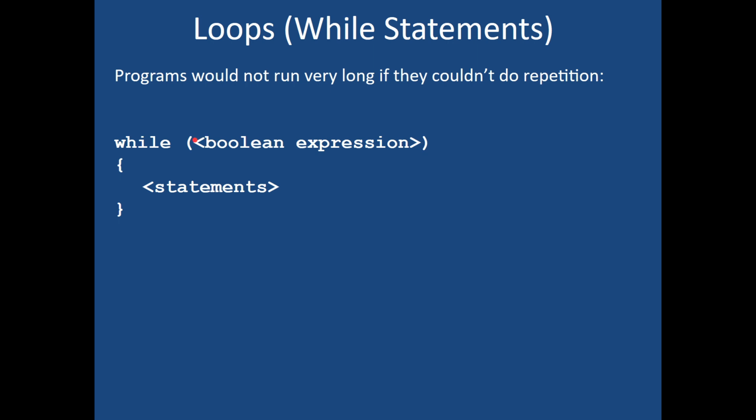When that Boolean expression finally becomes false, we skip past the while loop and continue with what follows. Simple as that. Now, it's possible to write a while loop that runs forever, if the expression never becomes false, then the loop won't end.